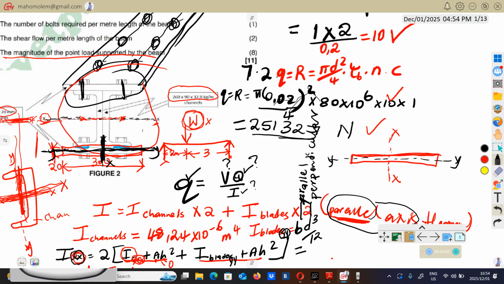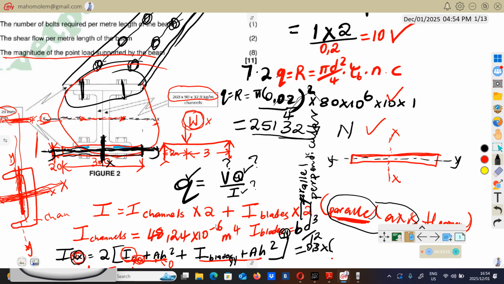So let's come here and check YY. Here is YY. So the side parallel to this YY is going to be B, which is 300. This side, which is 300, is parallel to the YY. So B is going to be 300, 0.3, multiplied by D, which is the side perpendicular.